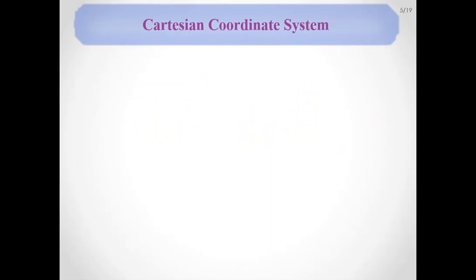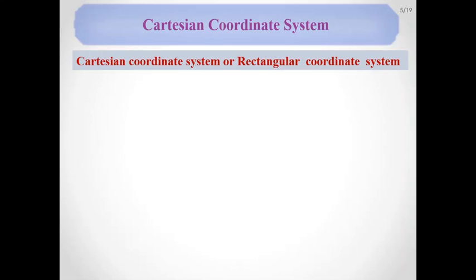Now let's learn what a Cartesian coordinate system is. A Cartesian coordinate system or rectangular coordinate system is formed by a horizontal real line, with 0 here. Now we draw another real line vertically.